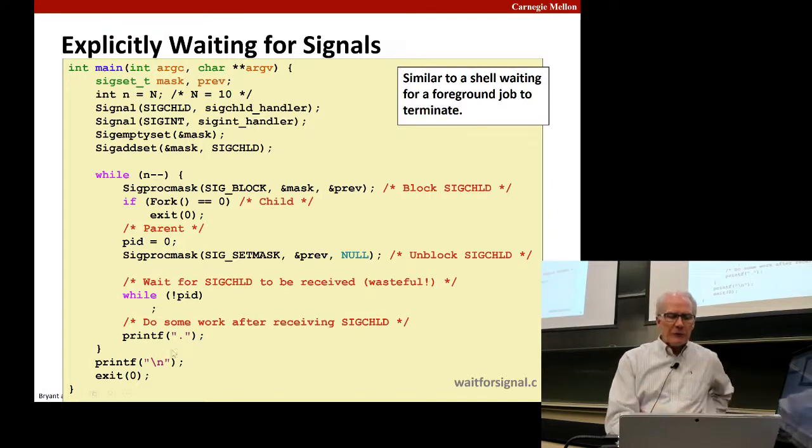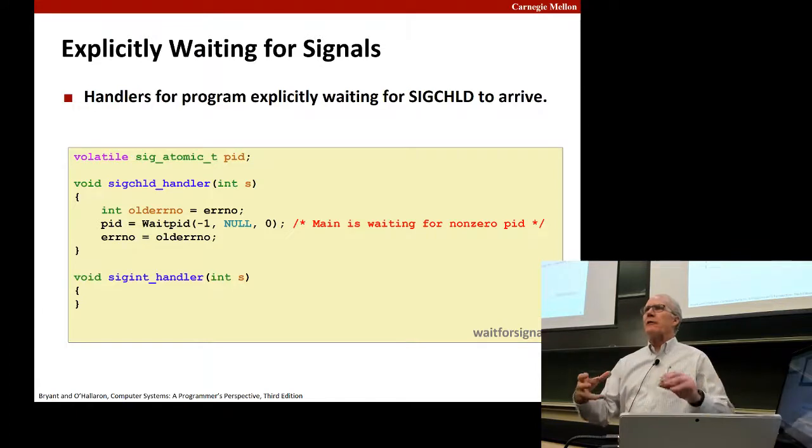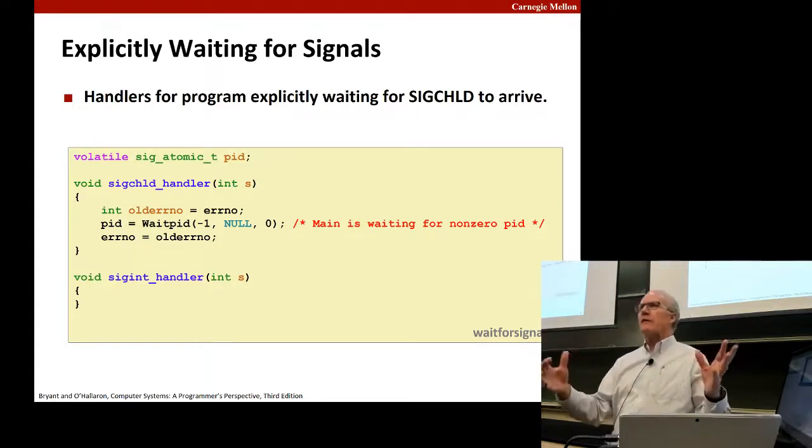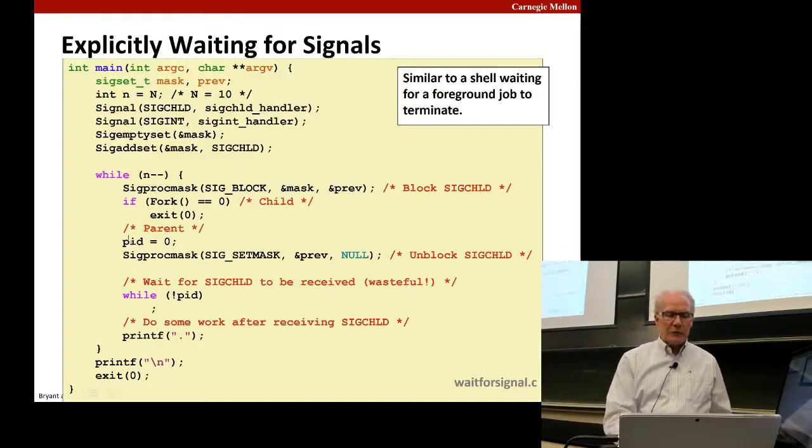So what I'll do here is I'll do what's known as a busy wait. I'll just sit there looking at this global variable called pid, which is set by this SIGCHLD handler. Remember, the signal handlers are considered the same process as the main program, and so any global variables they set will be visible to this executing program.